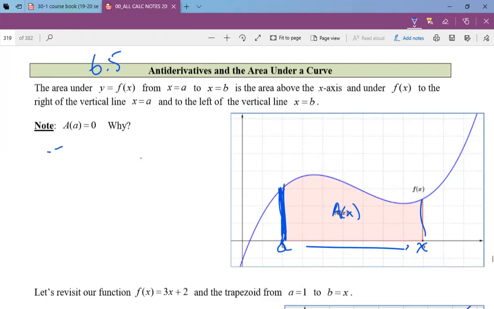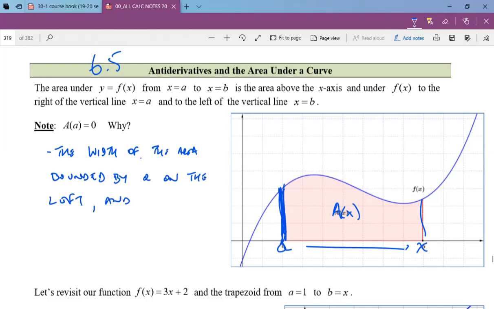So we could argue the width of the area bounded by a on the left, and if this is A of x, that ends up being our right bound of it. So therefore, my right bound is also a. So a on the right.